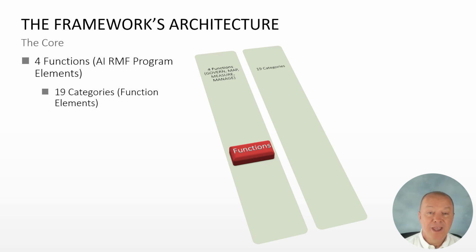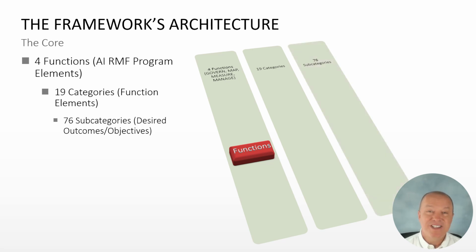So in all, we have 19 categories spread across 4 functions. And within those 19 categories, we have a total of 76 subcategories, which are the desired objectives of the program that we actually need to set tasks to, that we need to accomplish.